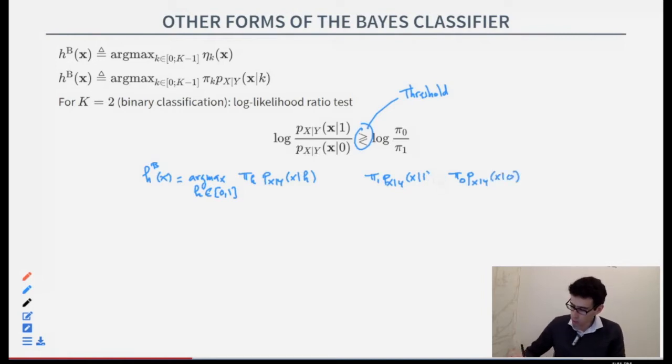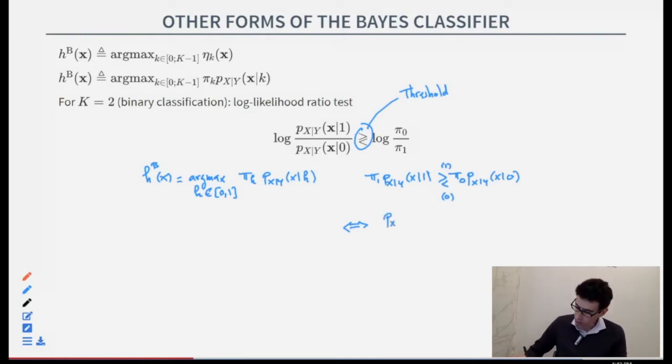Now, if I use my thresholding operator, I would write it as follows. I would write it as such, and I would put a little label 1 here and a little label 0 here, meaning that if the quantity on the left is larger than the quantity on the right, I decide 1, else I decide 0. And you can see that this is strictly equivalent, by taking the ratio and manipulating terms to the left and to the right, to the following.